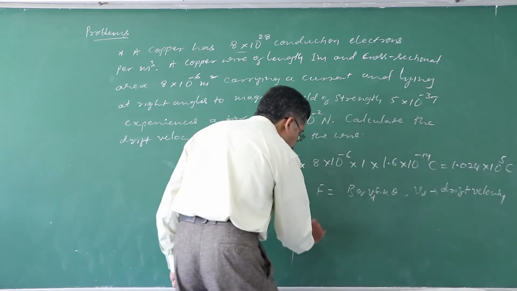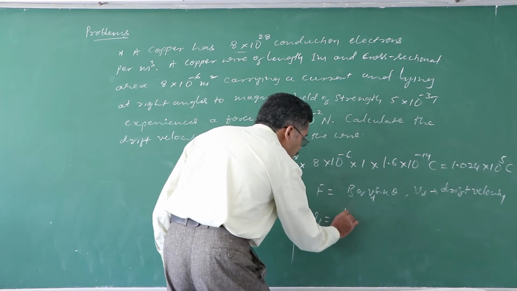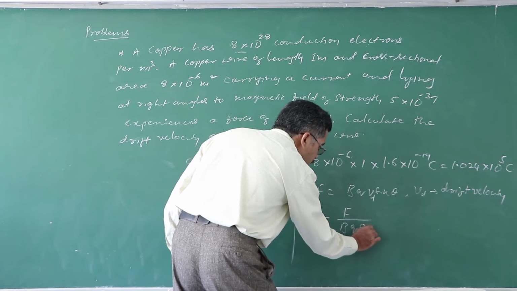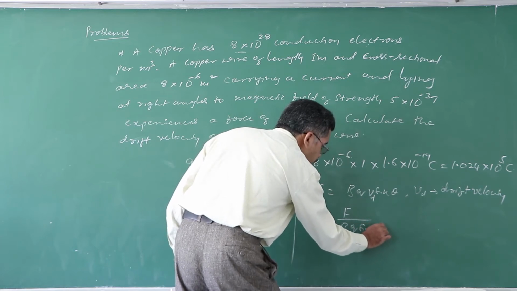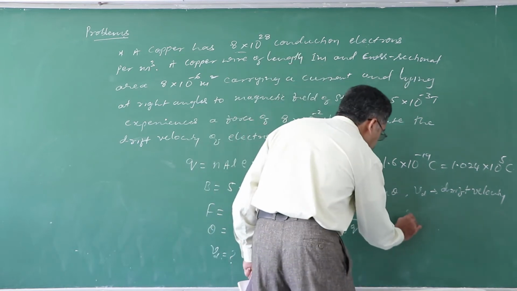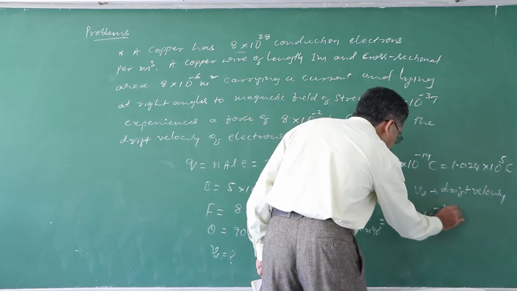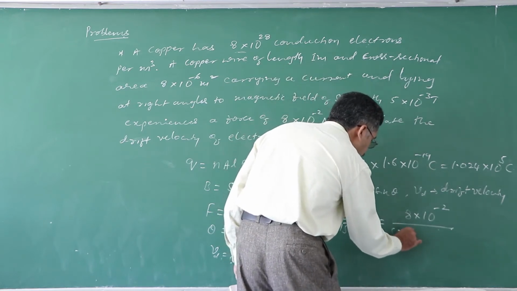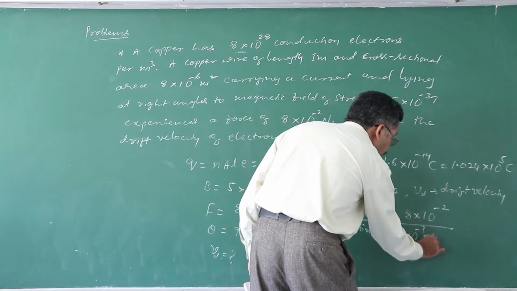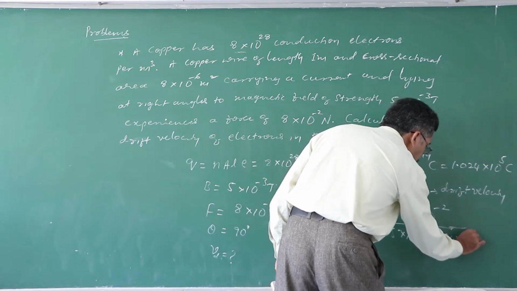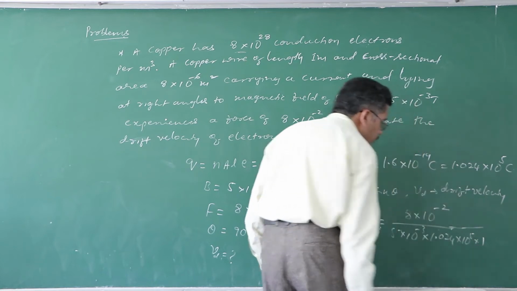Therefore, Vd is equal to F divided by B into Q into sin 90. Force is 8 into 10 raised to minus 2, and the field strength is 5 into 10 raised to minus 3, 1.024 into 10 raised to 5, and you know that sin 90 is 1.